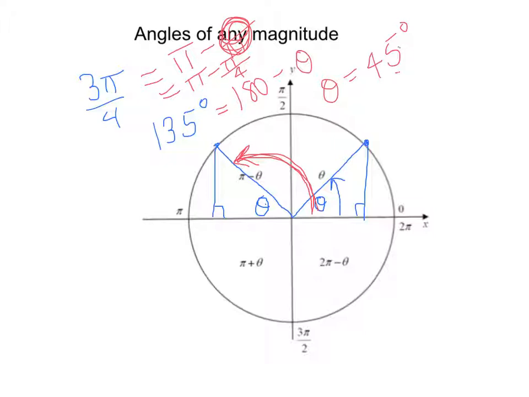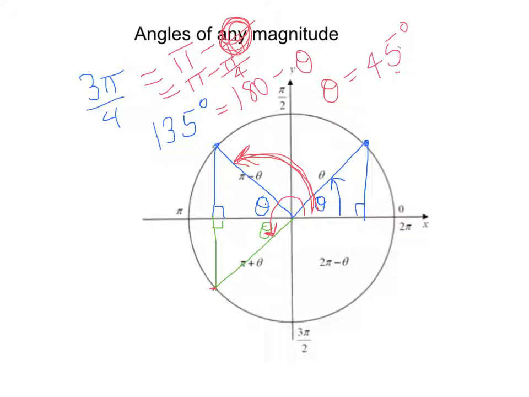Angles in the third quadrant. So if we were to just say reflect this point down here, then it's the same reason why we had congruent triangles before. That'd be another congruent triangle, and the angle there would be theta. So now, this time, the angle represented by this point here is actually going to be from 0 anti-clockwise all the way around to that point there.